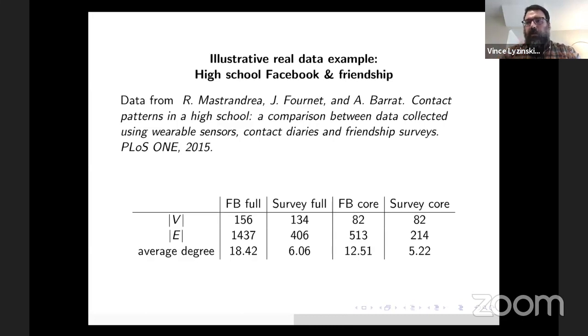We have a much bigger, more complicated real data example at the end, where high school students are saying that they're friends based on Facebook profiles and then based on a survey. And I'm not on Facebook, but I understand that saying you're friends on Facebook doesn't actually mean you're friends. And so the survey data and the Facebook data differ dramatically here.